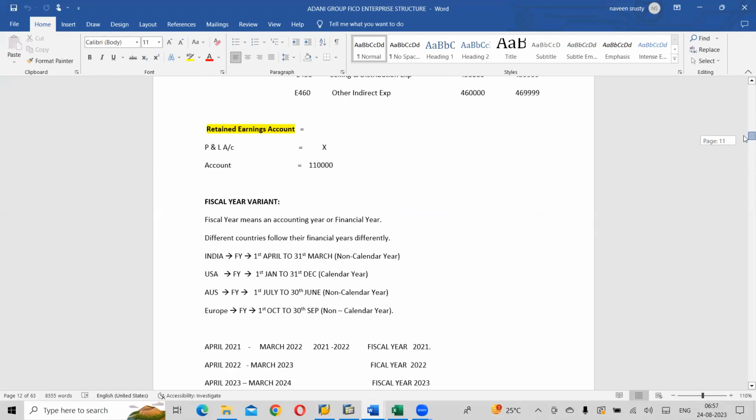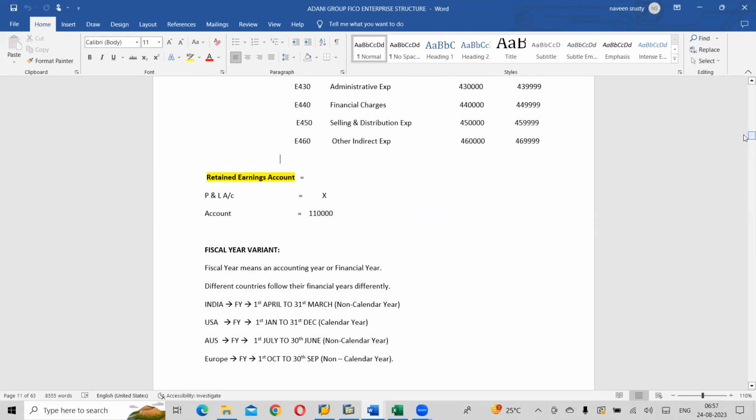Okay. Put a heading as fiscal year variant. Write down fiscal year variant. Fiscal year is nothing but financial year.